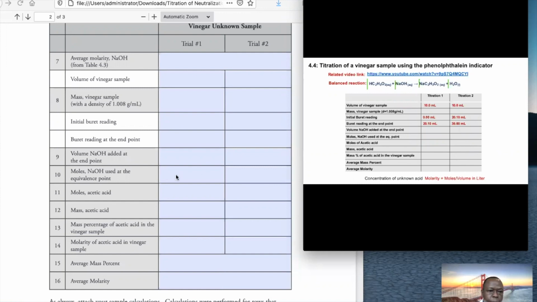If you look at the data sheet here, final minus initial gives you what? Not the volume of vinegar, the volume of NaOH. Let me go back up to line 8. You see line 8? Mass of vinegar.